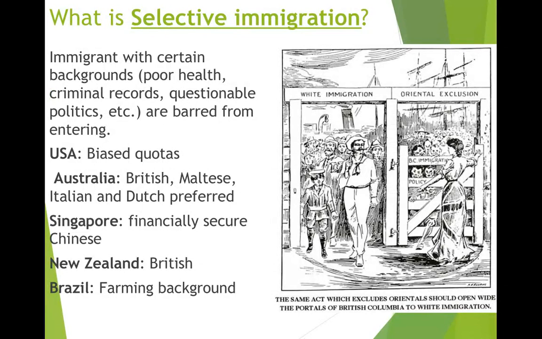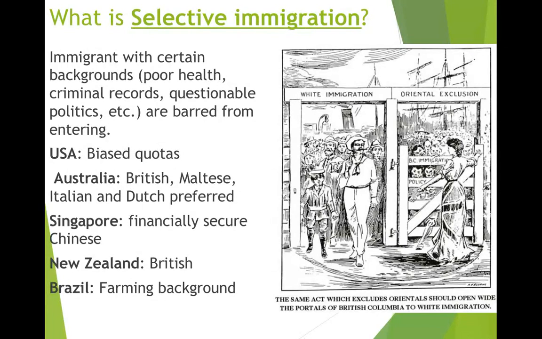We look at selective immigration, another green slide, not in your book. This is when immigrants from certain backgrounds, whether it's poor health, criminal records, or issues with politics, are barred from entering a country. The USA put some of these biased quotas in place, allowing in certain people with certain backgrounds and not allowing others.